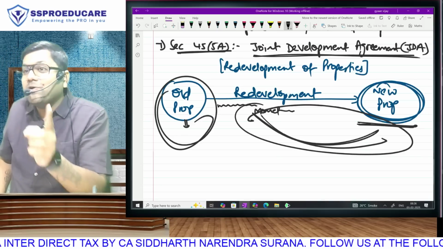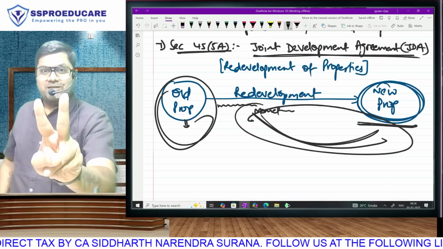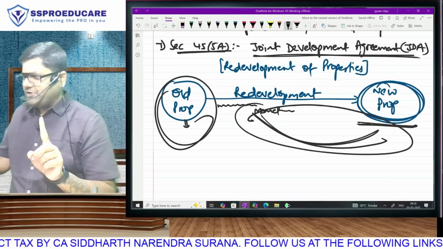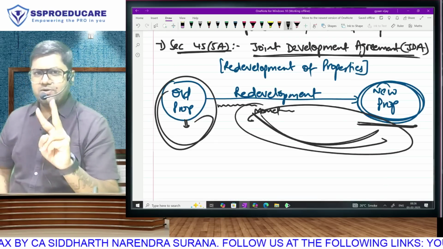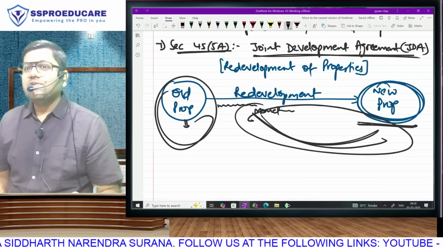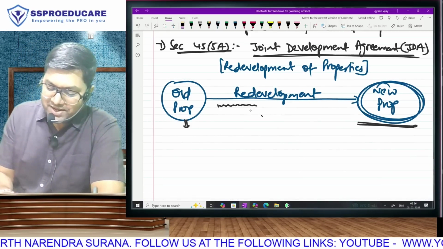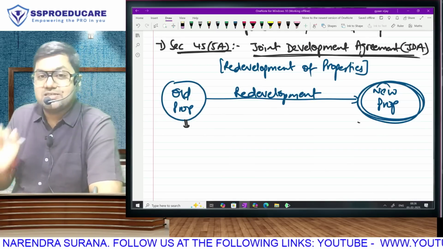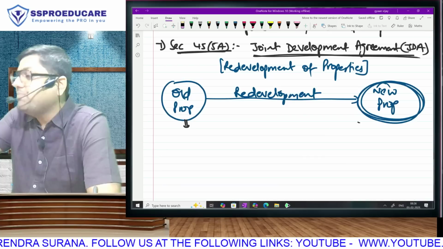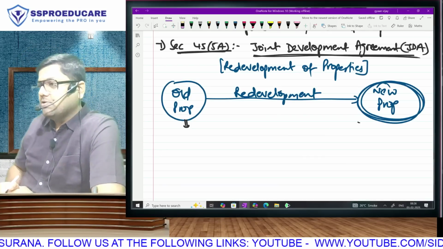I am handing over my old property to a developer, and against that, the developer is giving me two things: money for shifting, rent, whatever reason, and two, new property. This is the selling price for capital gain. Because the selling price is complicated in the whole transaction, I have chosen to explain the meaning of joint development under sale consideration. You understood?